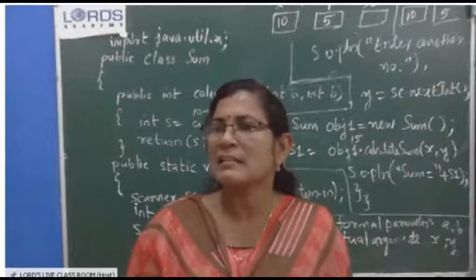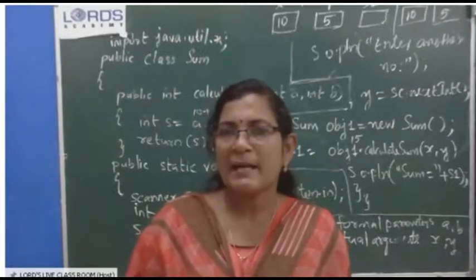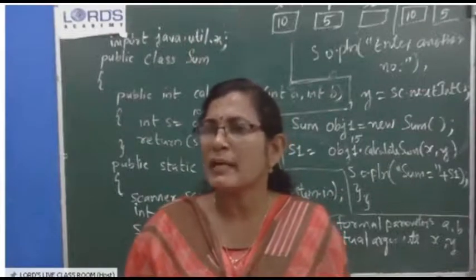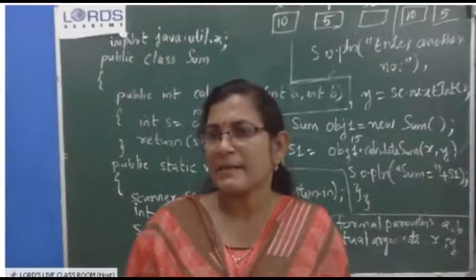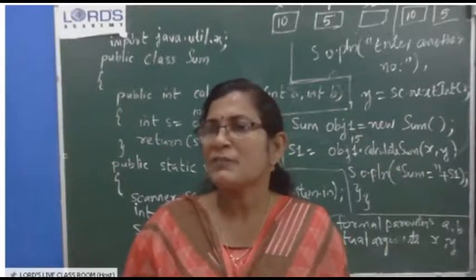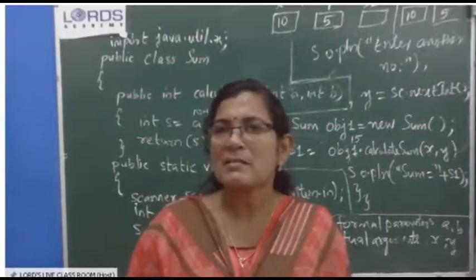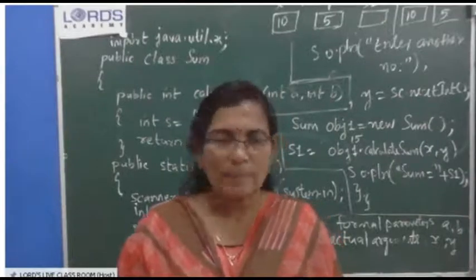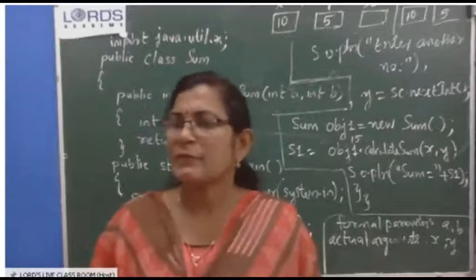The variables used at the method call are known as actual parameters, and the variables used at the function prototype are known as formal parameters. Okay, variables declared at the function prototype are known as formal parameters, and the variables used at the method call are known as actual parameters. Is it clear? Is it clear for everybody?